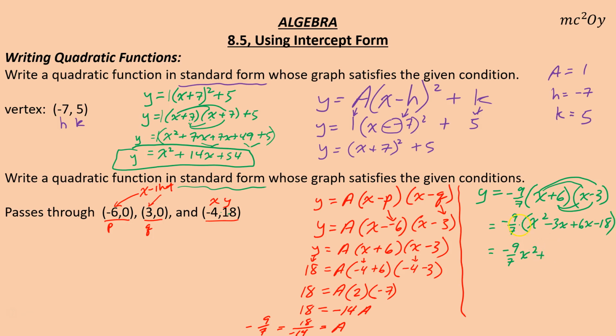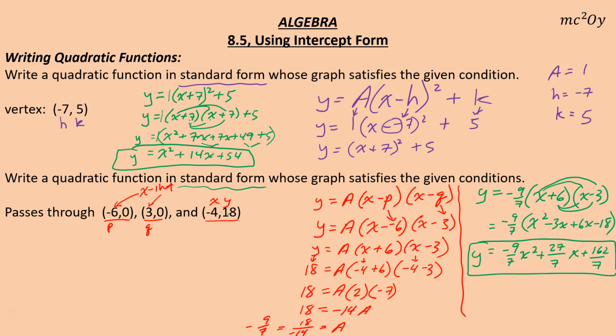Okay, so those of you freaking out about that ugly fraction, you're just multiplying numerators together. The denominator stays the same. Positive 27x. And then negative 9 times negative 18 is positive 162, negative times negative. And then you just put a 7 on the bottom. You're now in standard form.